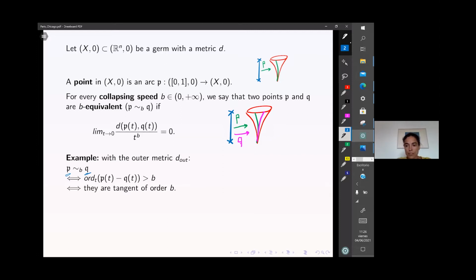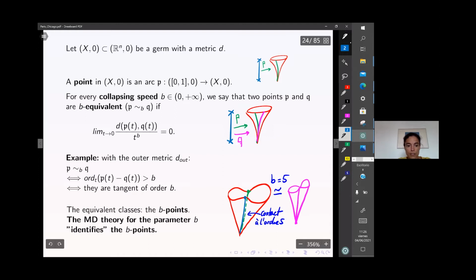It has a clear geometrical meaning. B points will be an equivalence class of points with respect to this equivalence relation, and our theory philosophically identifies points with respect to this equivalence relation, so it's a kind of algebraic topology for the set of B points.